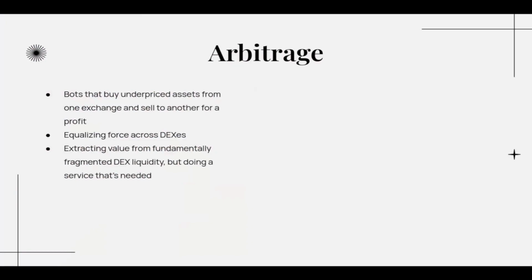One example of MEV is arbitrage, which is basically bots buying an underpriced asset from one decentralized exchange and selling it for more on another. This is generally considered a good thing because it equalizes prices across markets, and that's healthy. Somebody has to do that if there's fragmented liquidity, to have healthy markets.